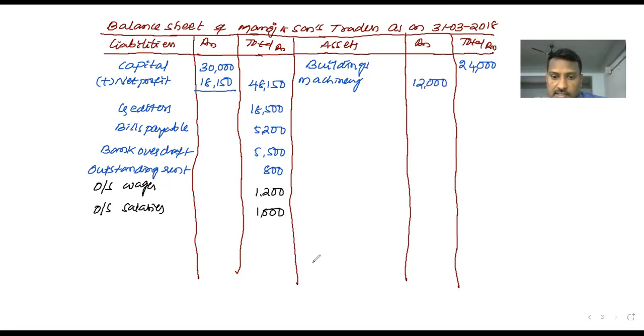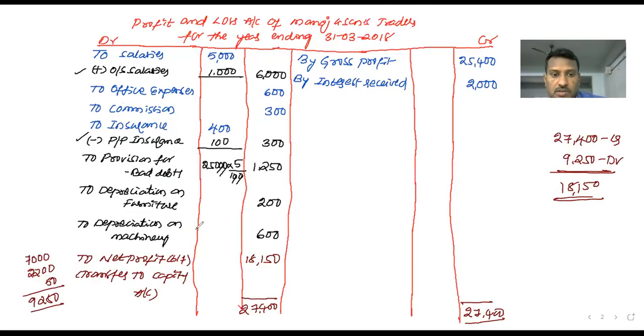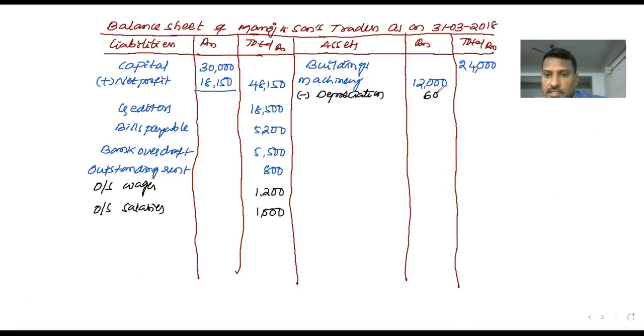From this, minus depreciation. We already recorded the depreciation in the profit and loss account. Depreciation on machinery 600, right? 12,000 minus 600, 11,400.